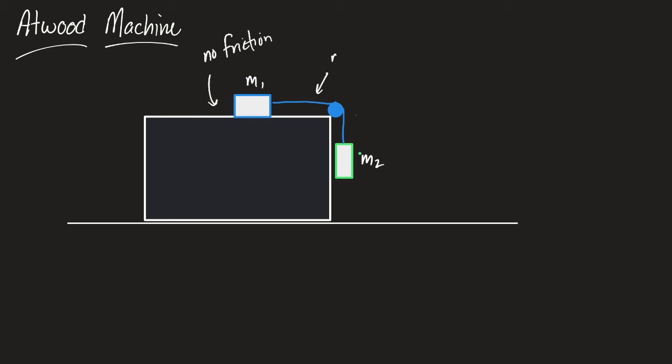We're going to start with massless thread or string. They can add mass, they do. And a massless pulley with no friction.